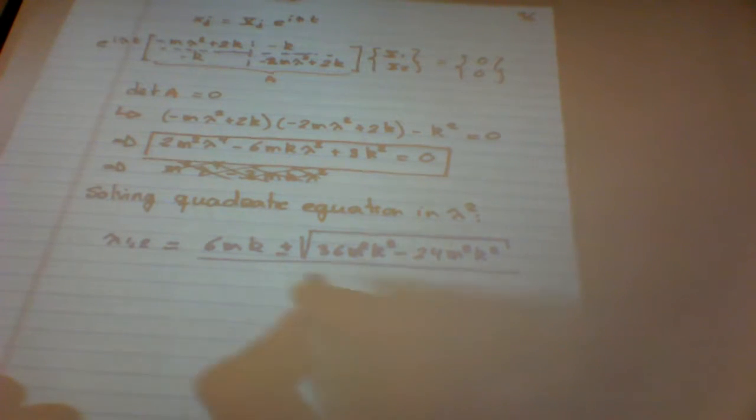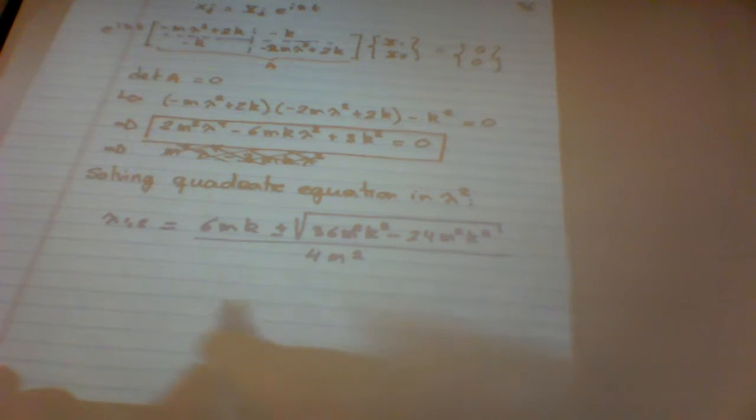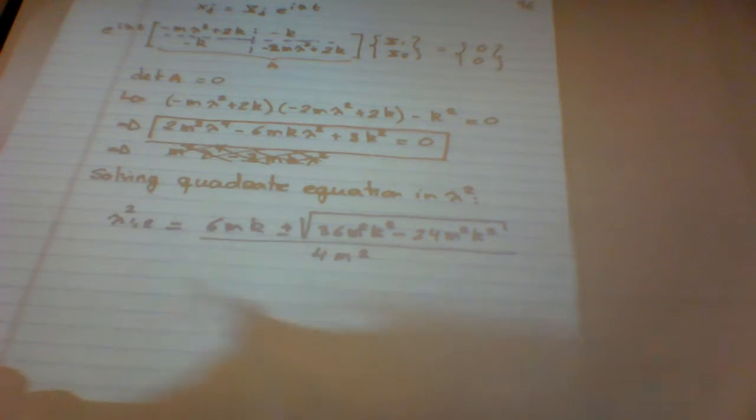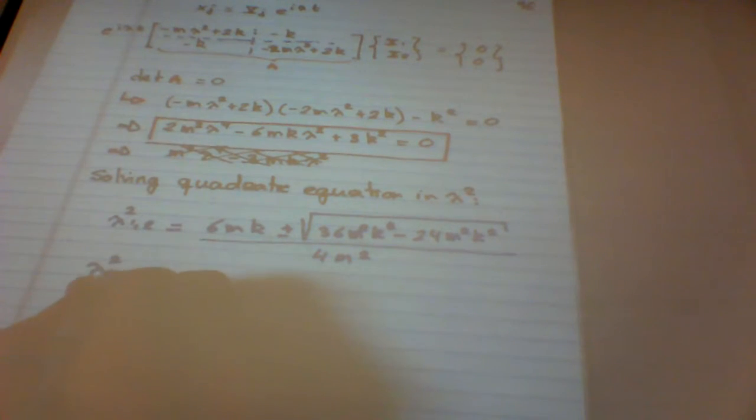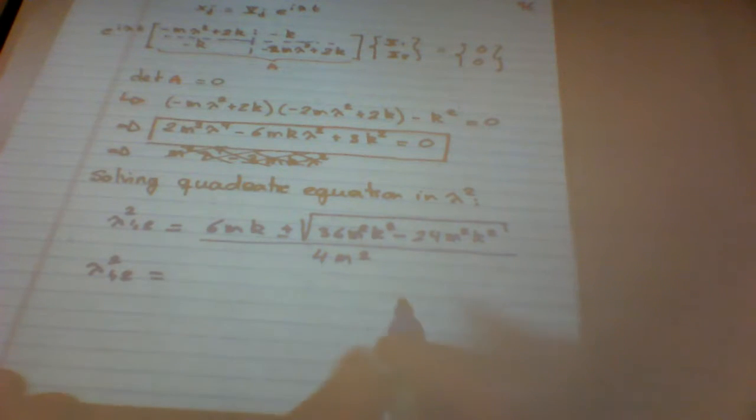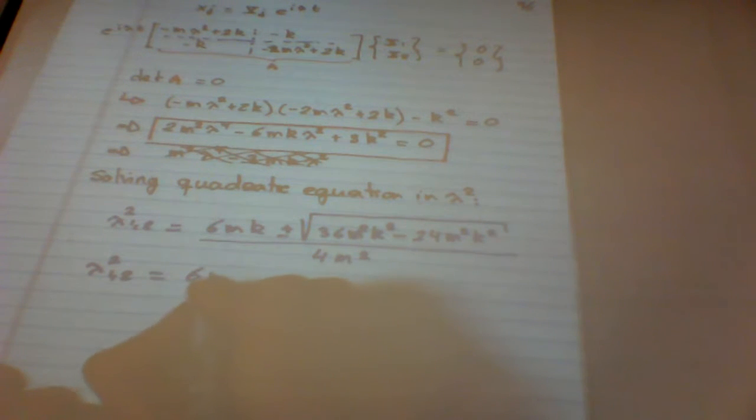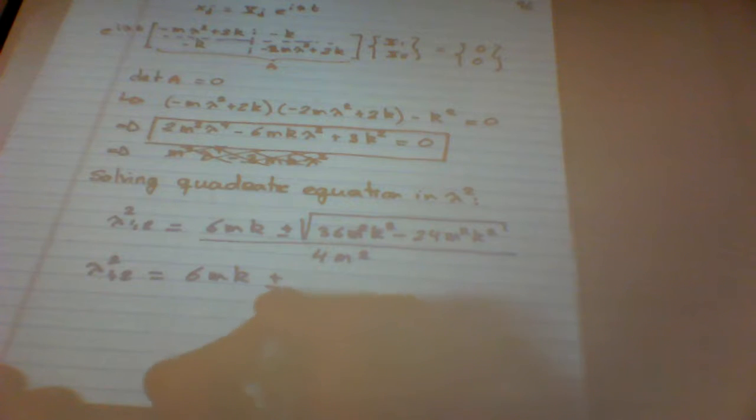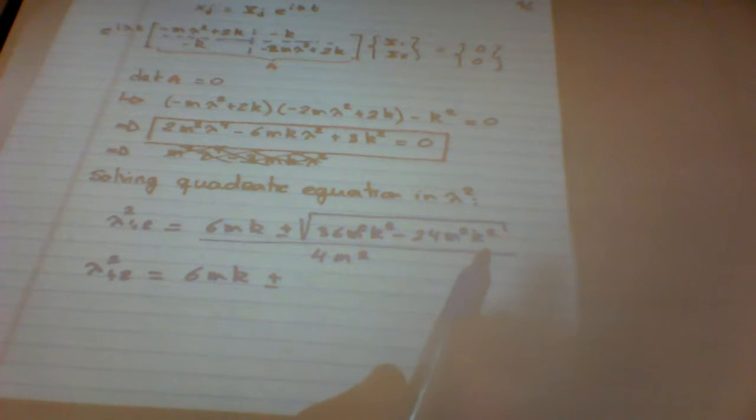All this stuff divided by 4 m squared. This should be a power here to put a square. So what we had here, 6mk plus or minus, this gives us 12 m squared k squared. So you could just make it mk square root of 12, or actually 2mk square root of 3.